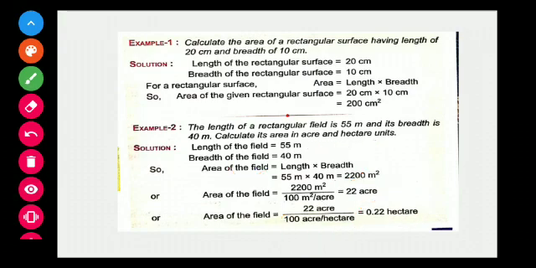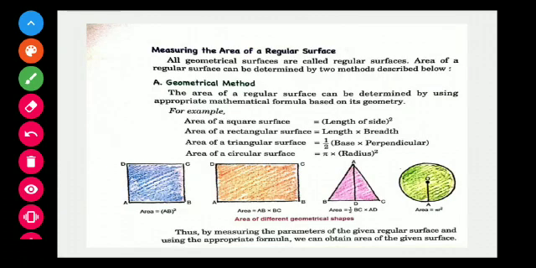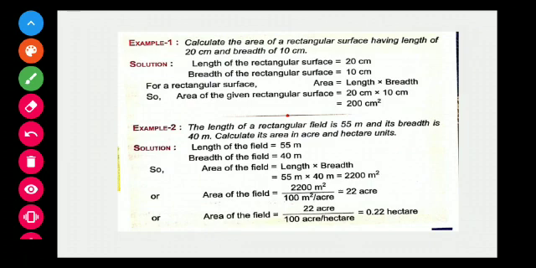Because in the starting of this lecture we studied the relation between meter square and acre, and meter square and hectare. 1 acre is equal to 10 to the power 2 meter square and 1 hectare is equal to 10 to the power 4 meter square. So with the help of these relations we can convert the area into acre and hectare.